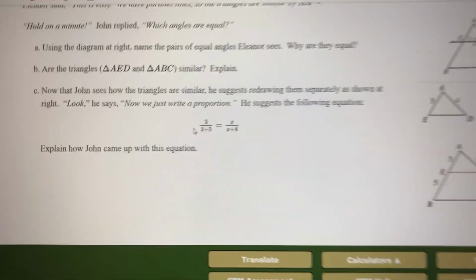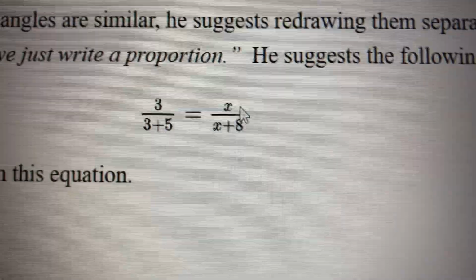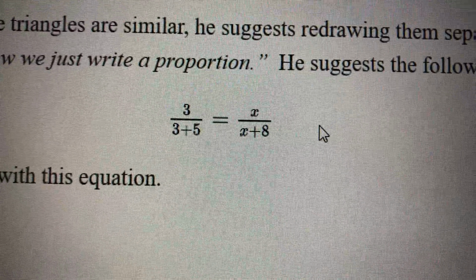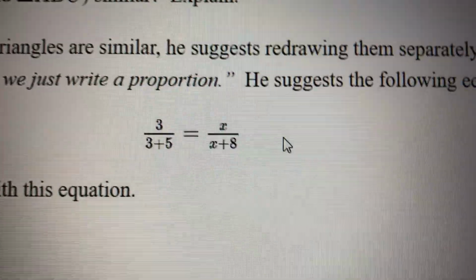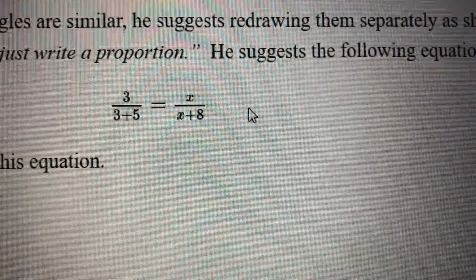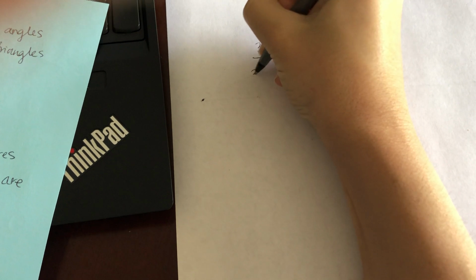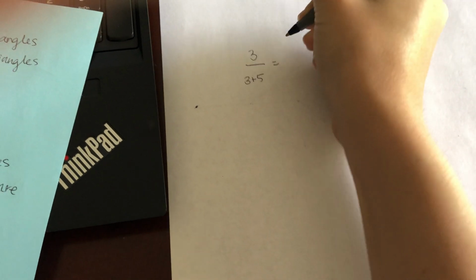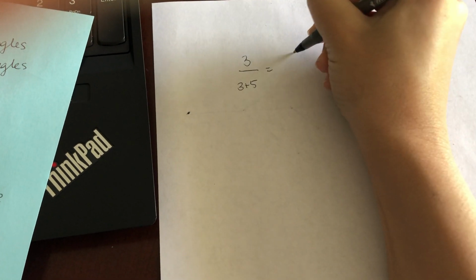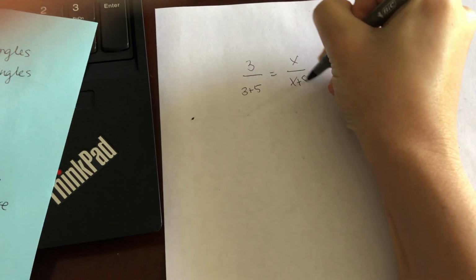If you have this proportion, I'm going to show you the shortcut way to solve it, which you probably already know, which is cross multiplying. I'm going to try my hardest to do it so that you can see it on my paper. So 3 over 3 plus 5 equals x over x plus 8.